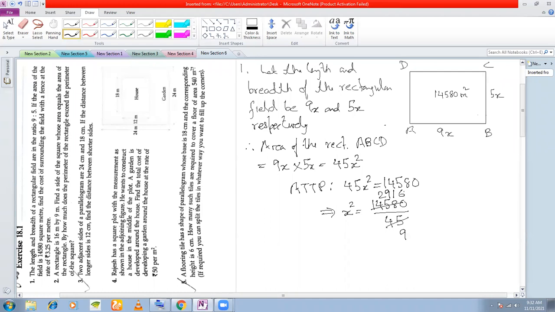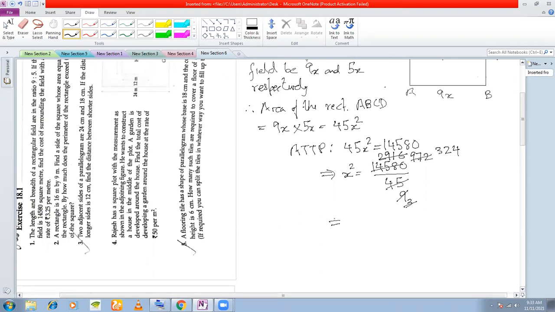Will it cancel with 3? Yes, it will cancel with 3 also. Now again it will cancel with 3. We get 324. So x square is equal to 324. That means what must be x?